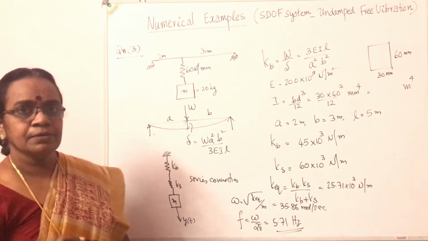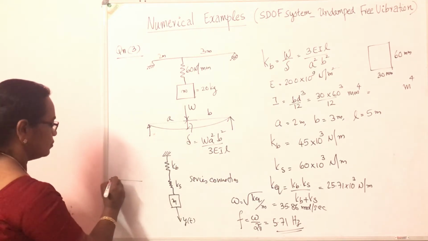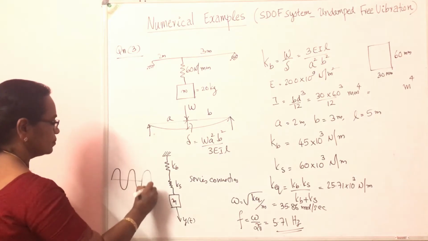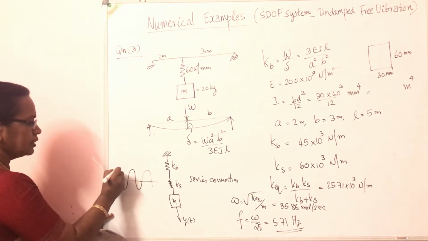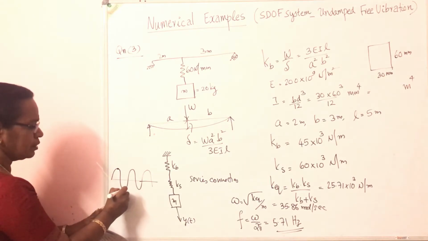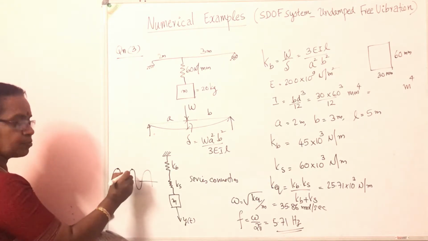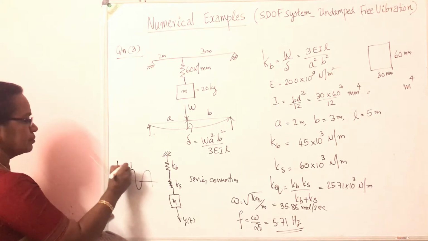And you're also asked to find the time period. What is the time period? This is cyclic motion. The time taken for one cycle. One cycle is from the peak, it comes down to the lower position, then goes back to the topmost position. So this is one cycle.